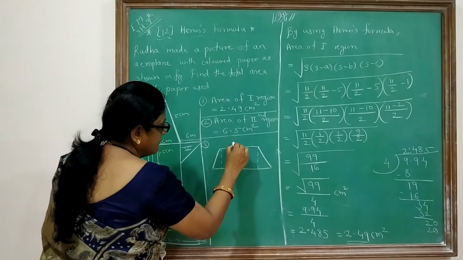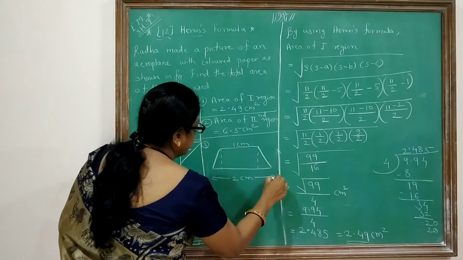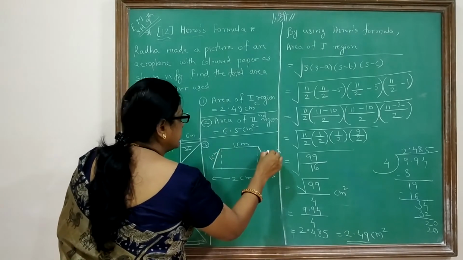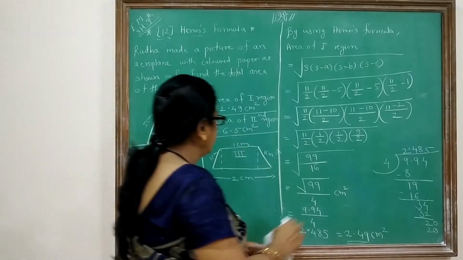Here 1 centimeter, here 2 centimeter, then here also 1 centimeter, here also 1 centimeter, and this is your third region.